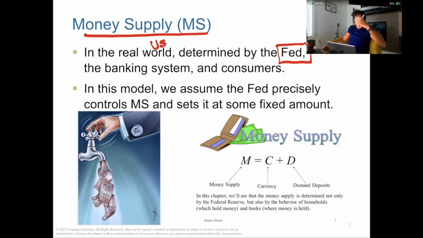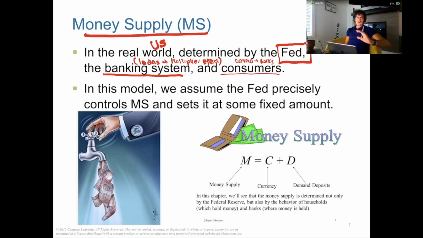And in particular, the Federal Reserve interacting with the banking system that, as you remember, by making loans, they create the multiplier effect. And it relies on consumers putting their currency into banks, so using the banking system.